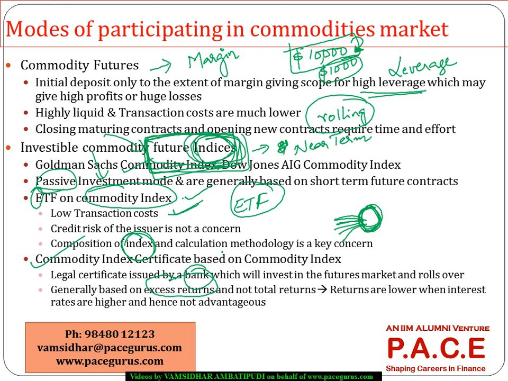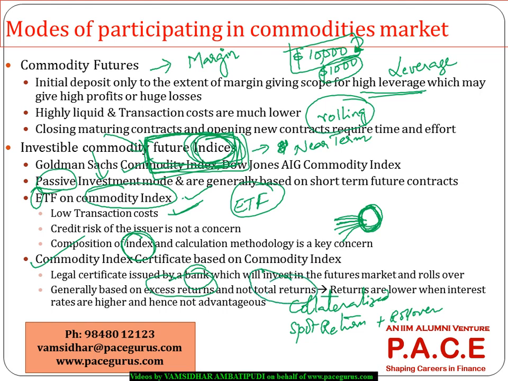They are not based on total return, meaning they will not include the collateralized return. We'll talk about it. It only includes the spot return plus rollover return. So they don't consider the collateralized return. In case they consider the collateralized return, it is called a total return.